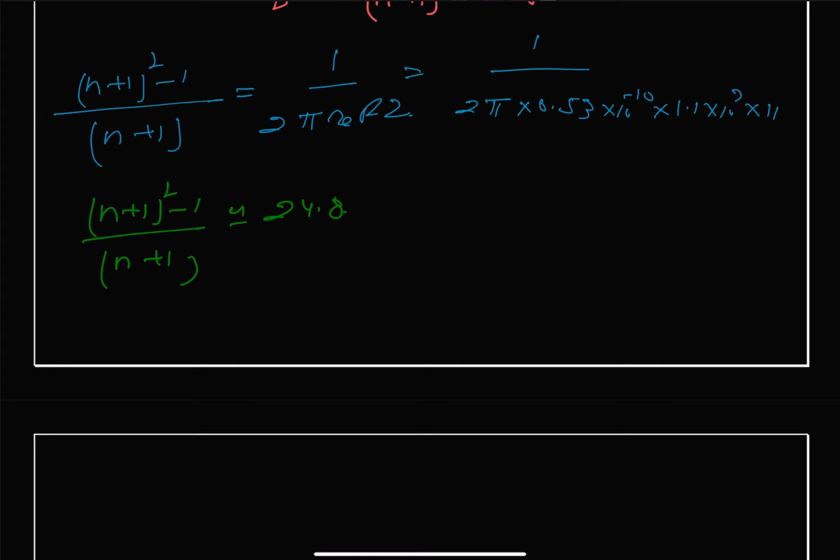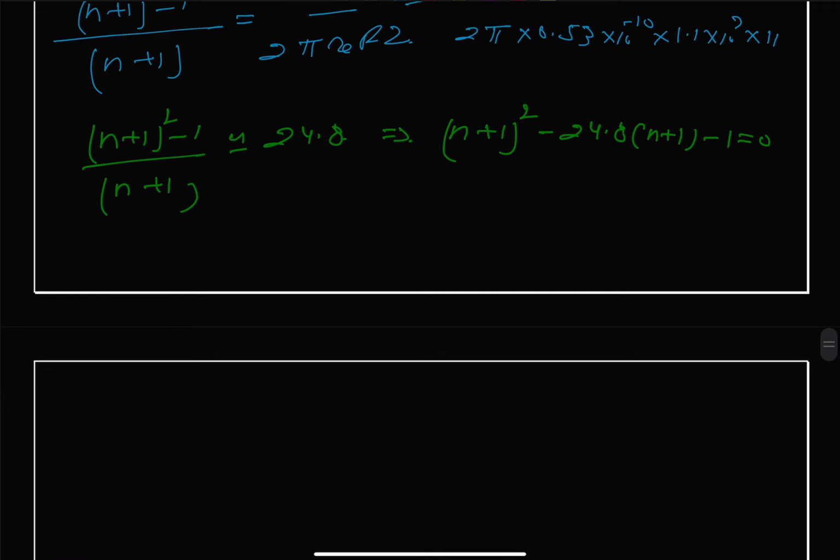Okay, so this will be a quadratic equation giving us (n plus 1) whole square minus 24.8 into (n plus 1) minus 1 is equal to 0.